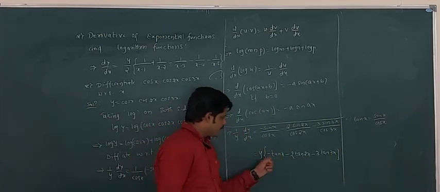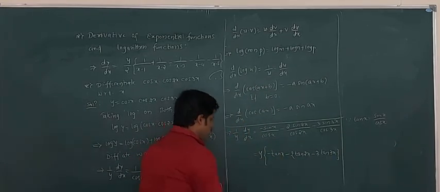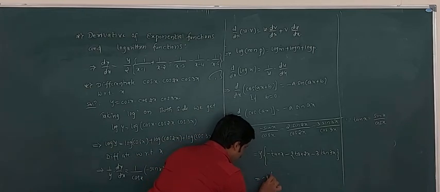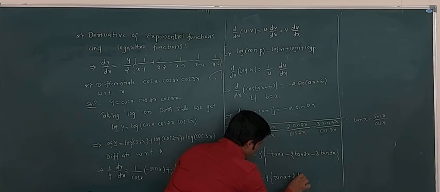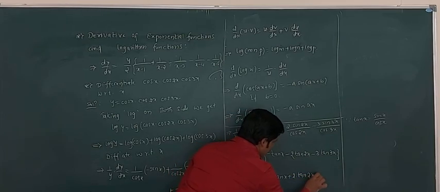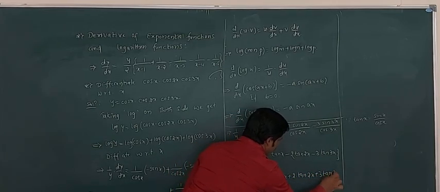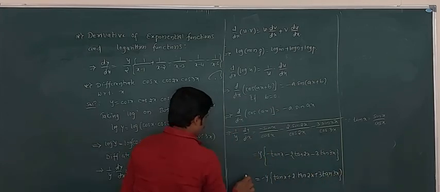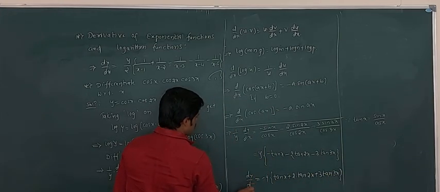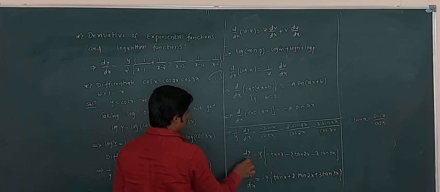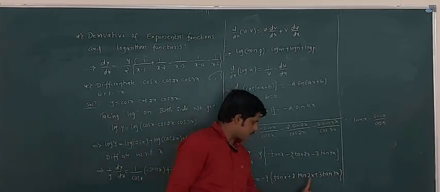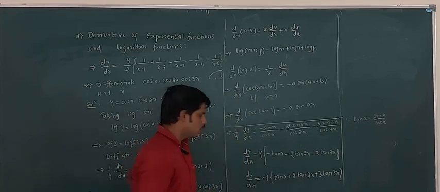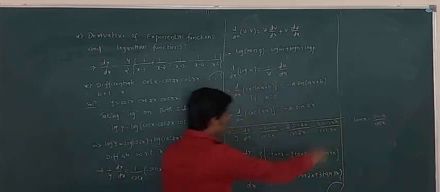Here minus is common in all the parts, so take it outside. We get minus y into tan x plus 2 into tan 2x plus 3 into tan 3x. So this is the required solution, that is dy by dx is equal to minus y into tan x plus 2 tan 2x plus 3 into tan 3x.